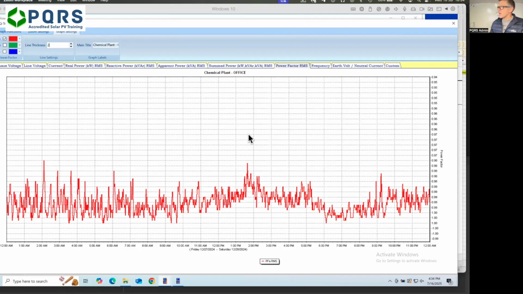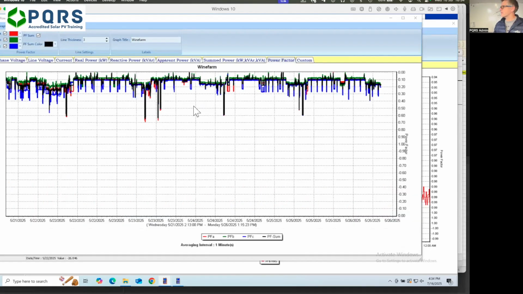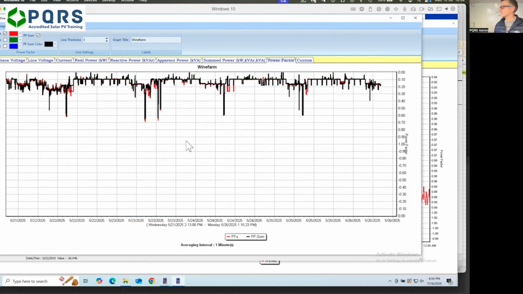If we go back to our graphs, the first graph we had a look at had an amazing power factor. If we look at the right-hand side over here, the y-axis on the right-hand side, we'll see that our power factor sits at 0.9. If we were to look at the other graph, we'll see that our power factor sits at 0.1. It varies between about 0.1 and 0.2.